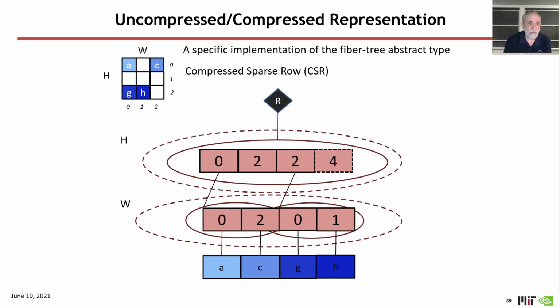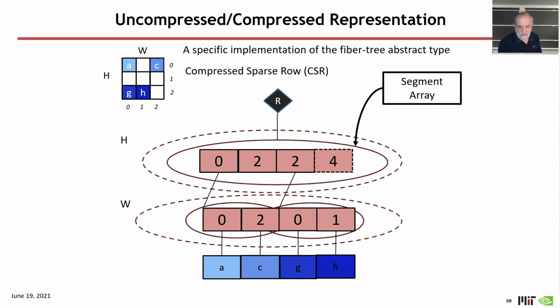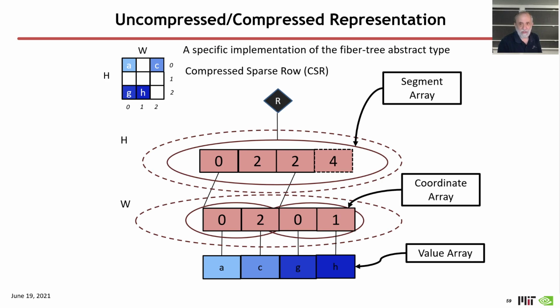So I'm sure that some of you immediately said, oh, so what you've created here is the compressed sparse row format. And that top rank is what in CSR would be called the segment array, and the second rank information is the coordinate array, and then the information is in the value array.